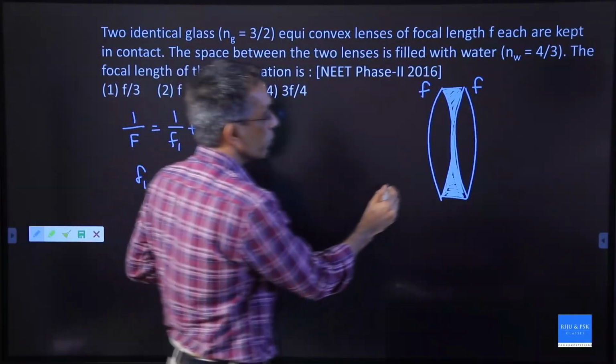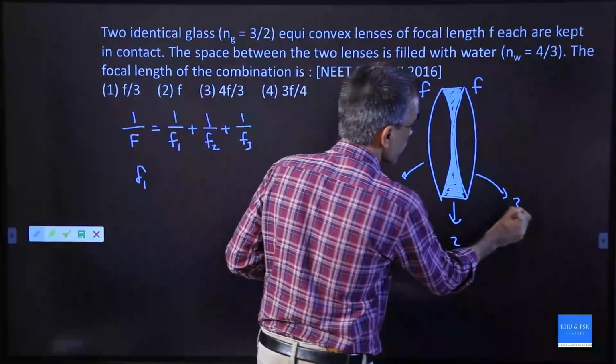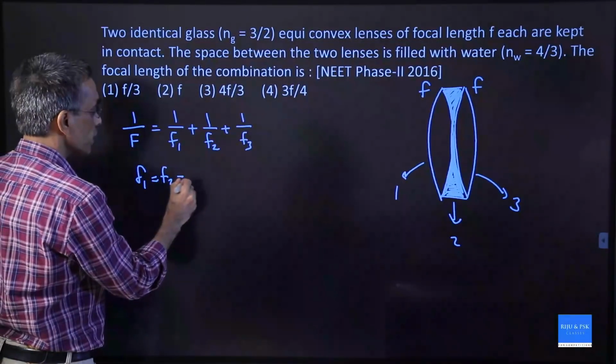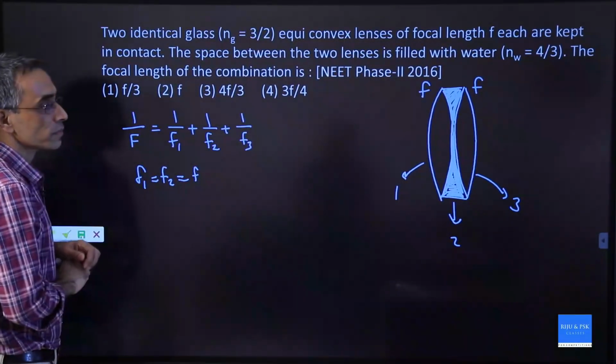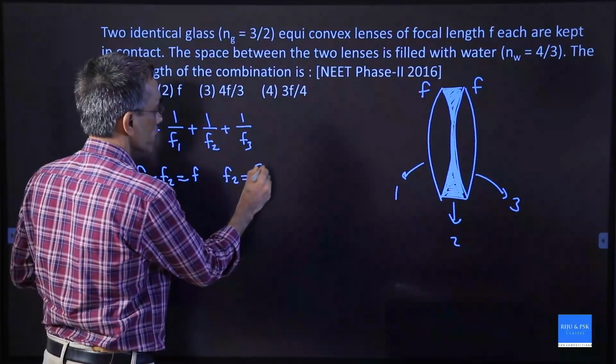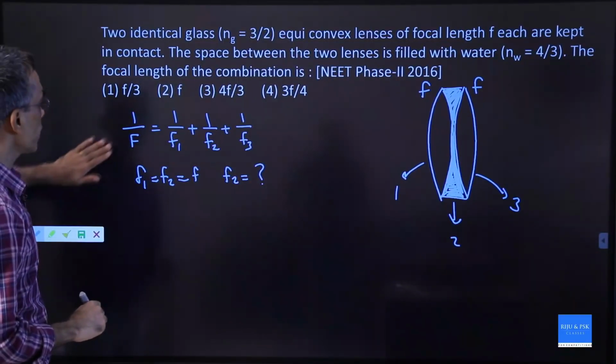If I call this the first one, this the second one, this the third one, then f1 is equal to f3 and that is given as f. You need to find out what f2 is to get the answer. Okay, let us proceed.